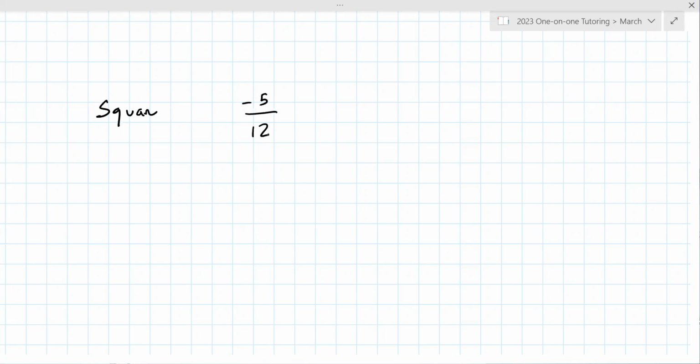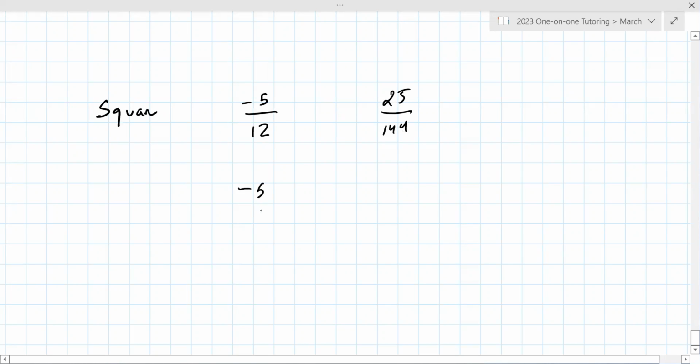Square -5/12. What does the word square mean? Oh, that would be times, so -5 times -5, that would be 25. It would be 25/144. Very good. You're taking -5/12 and multiplying it by -5/12. Very good.